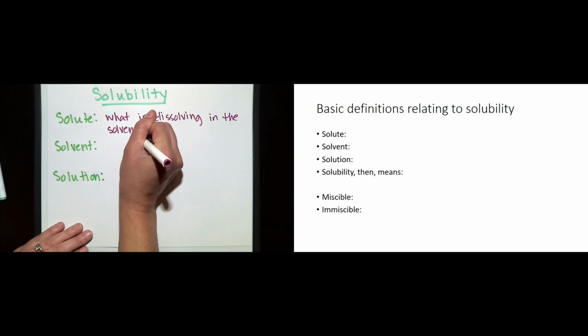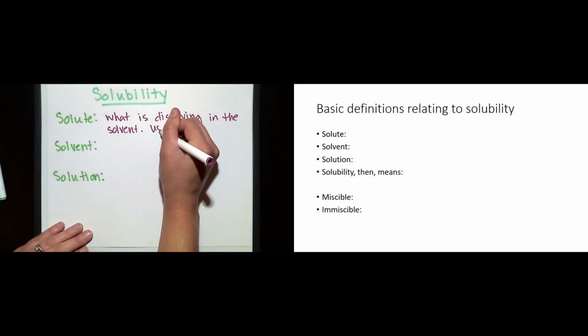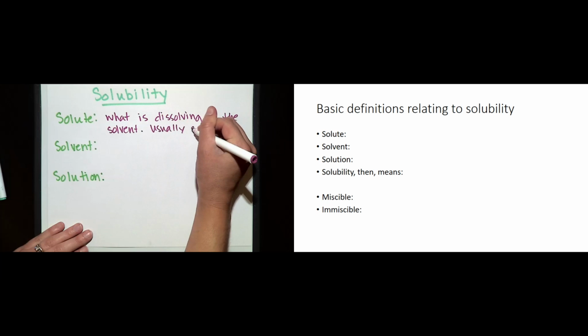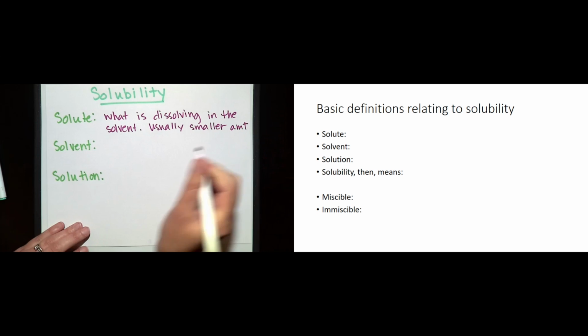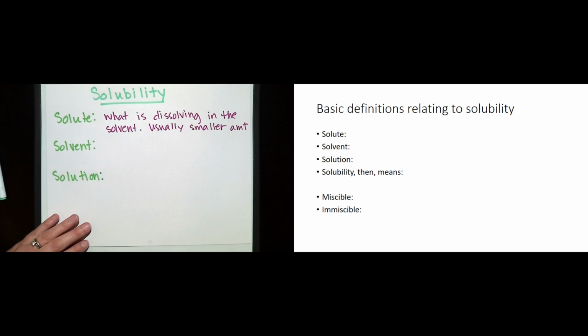It's usually the smaller amount. I wrote AMT for amount. It's usually the smaller amount.